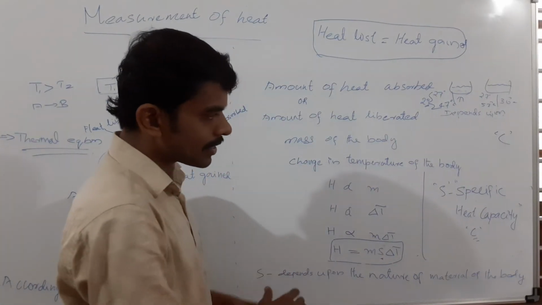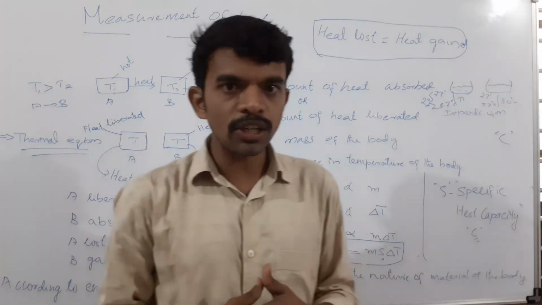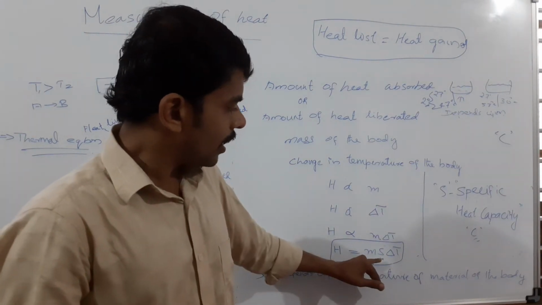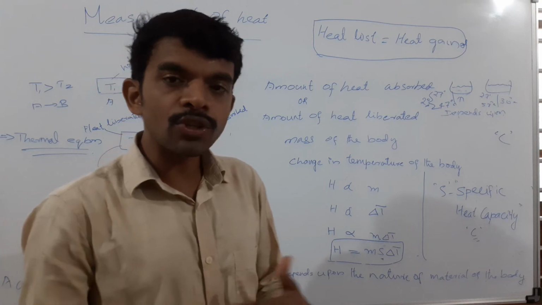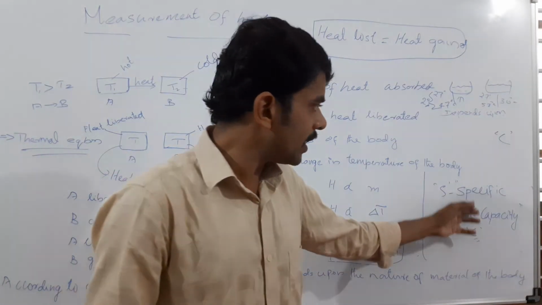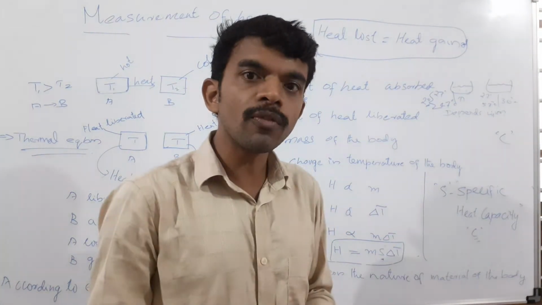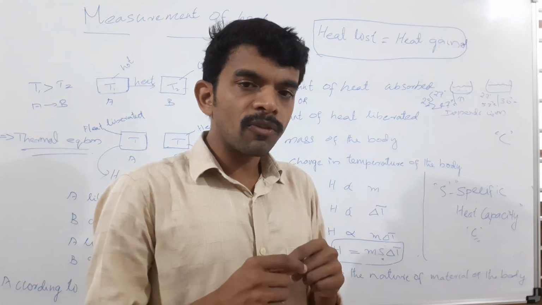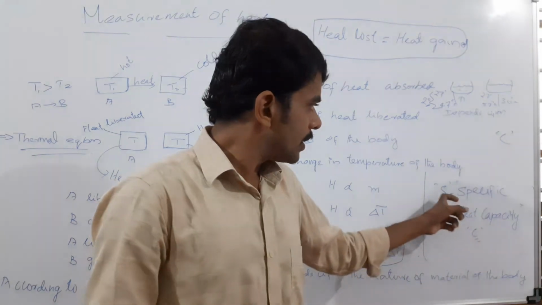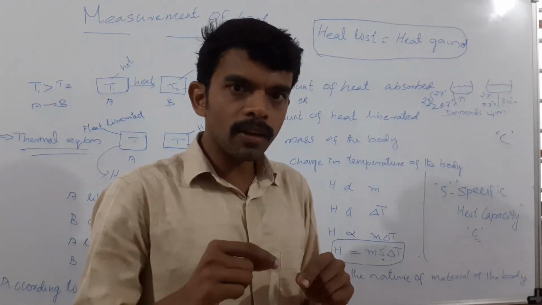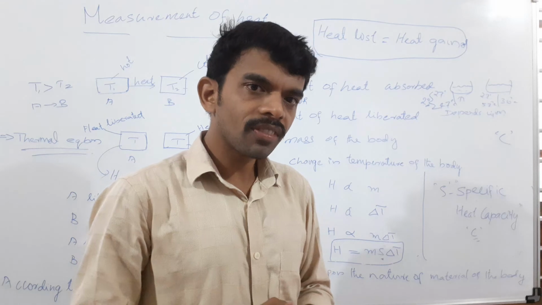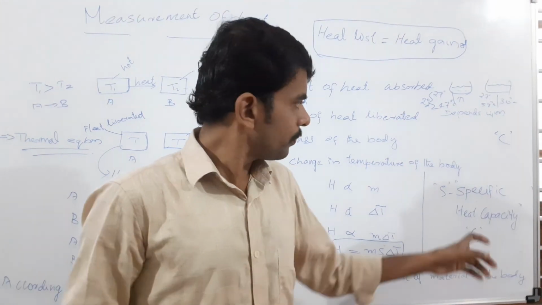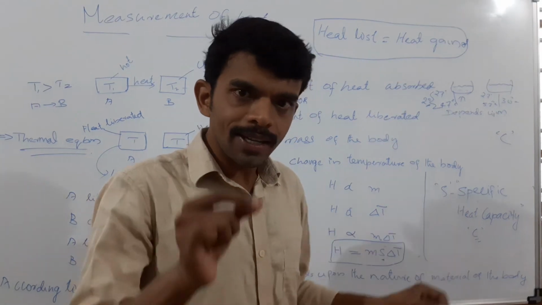So S depends upon the nature of the material of the body. The specific heat capacity is a characteristic of the material of a body. When the materials differ, S differs. S will be constant for a single body at a particular temperature.